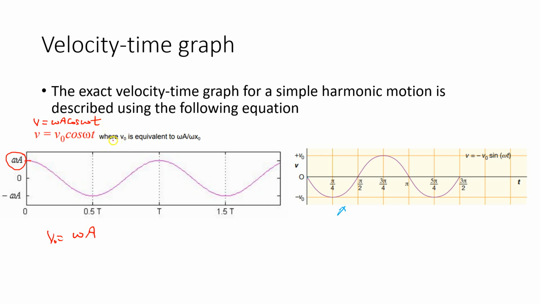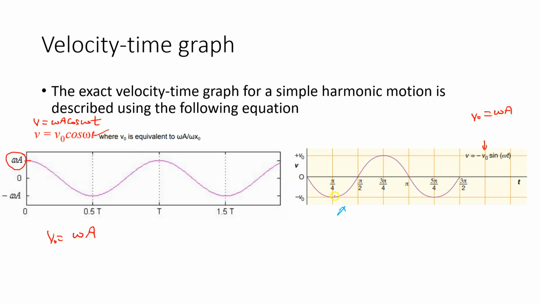So don't be confused if you're seeing these separate equations. If you see this one, it means the same thing. It's just that V naught represents the maximum velocity. And similarly on this side, if you're seeing V naught again, it still represents the maximum velocity, where V naught is basically equal to omega times the amplitude.